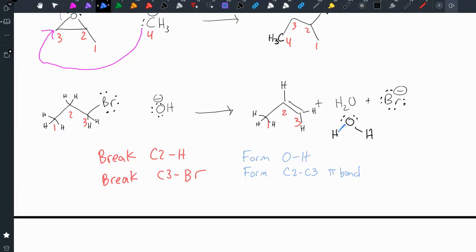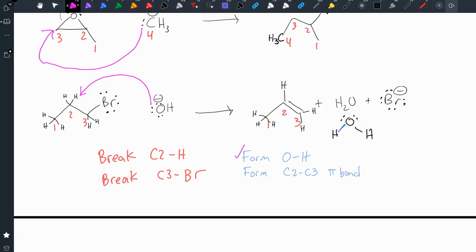I always want to think about electrons flowing from negative toward positive. So I have a negative charge in the OH, and I need to form a bond from that oxygen to a hydrogen. So the way to do that is going to be to share this lone pair with hydrogen. That's going to form the OH bond.